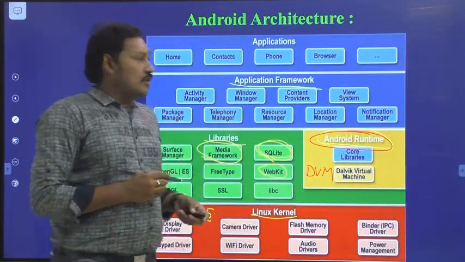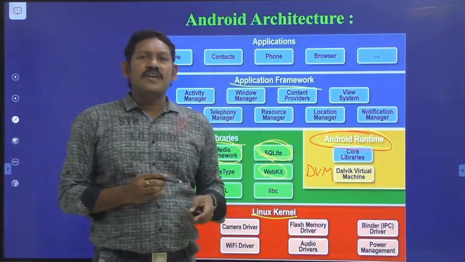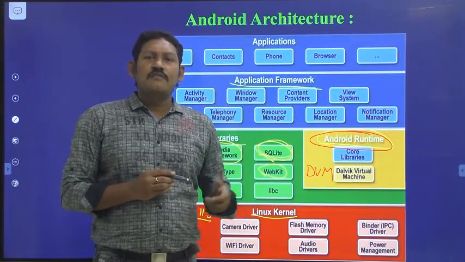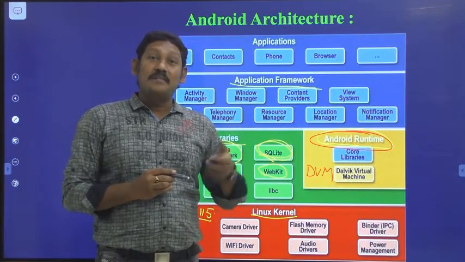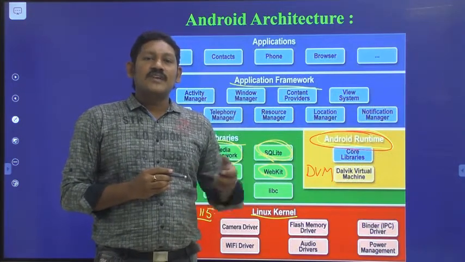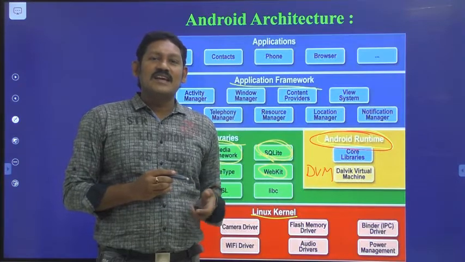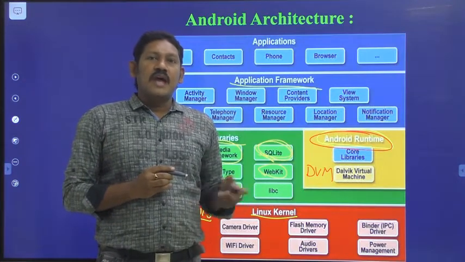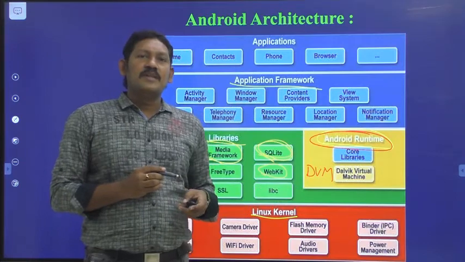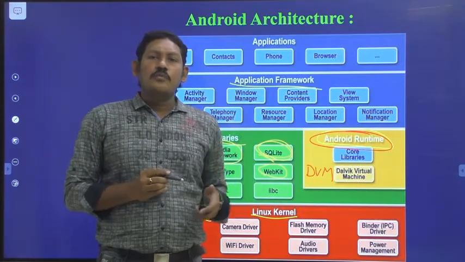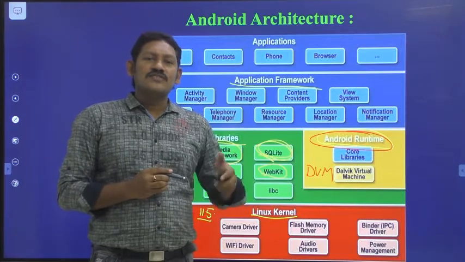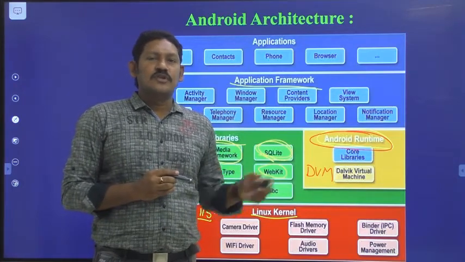The DVM makes use of Linux core features like memory management and multi-threading, which is intrinsic in the Java language. The DVM also enables every Android application to run in its own process with its own instance of the Dalvik Virtual Machine.